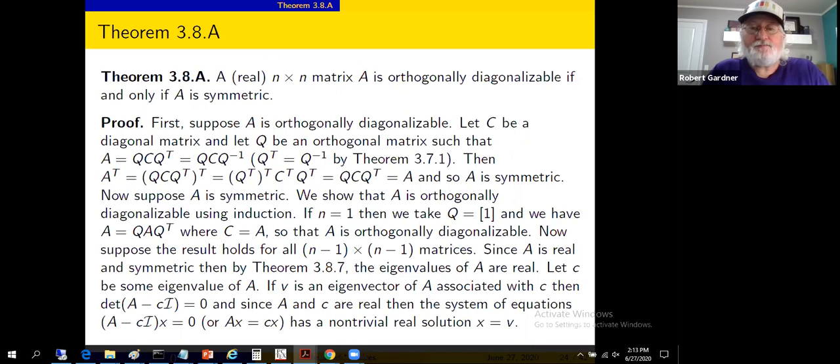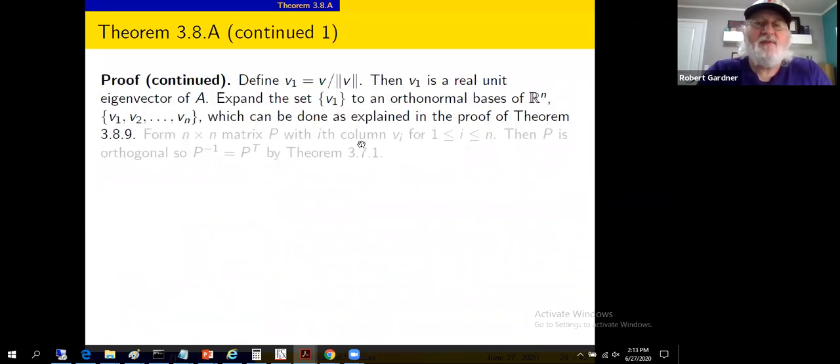All right. Let's take that V vector that we just were discussing. It's an eigenvector with associated eigenvalue C. And let's normalize it. Call that V sub 1. We're about to Gram-Schmidt some stuff, so let's go ahead and change the magnitude of that vector. Of course, if we have an eigenvector for an eigenvalue, any non-zero scalar multiple of that eigenvector is also another eigenvector for the given eigenvalue.